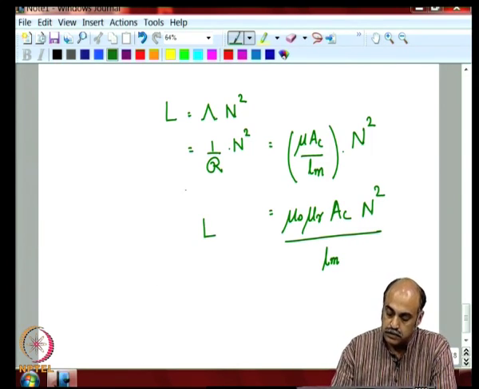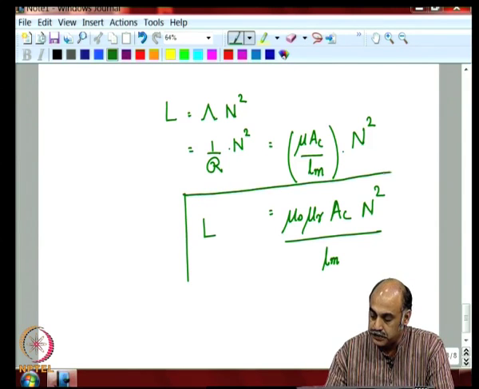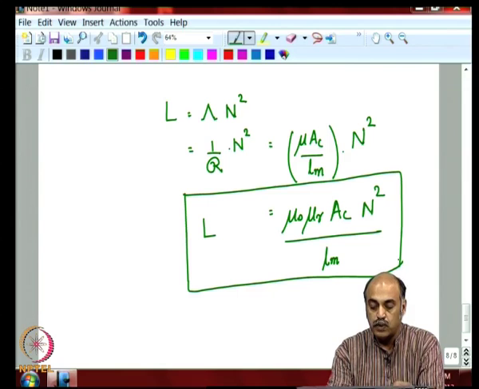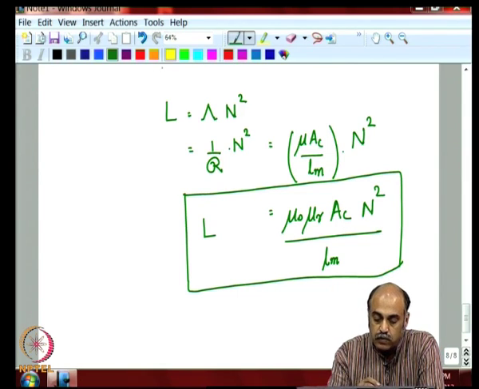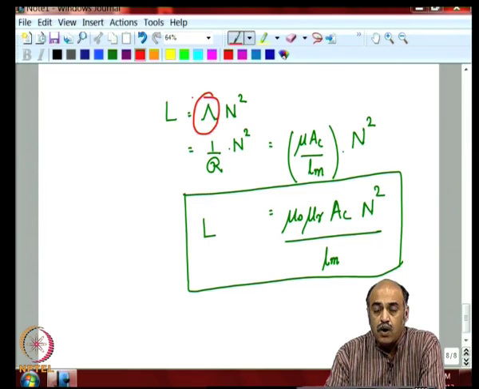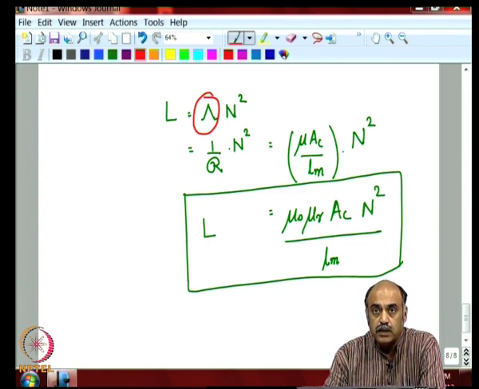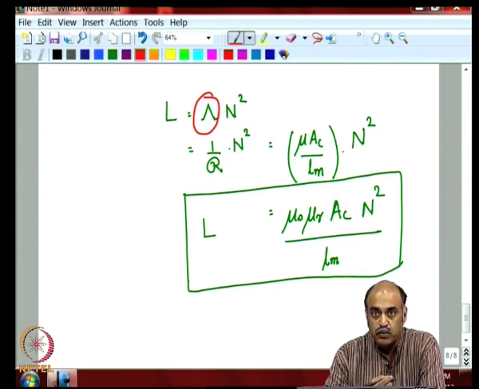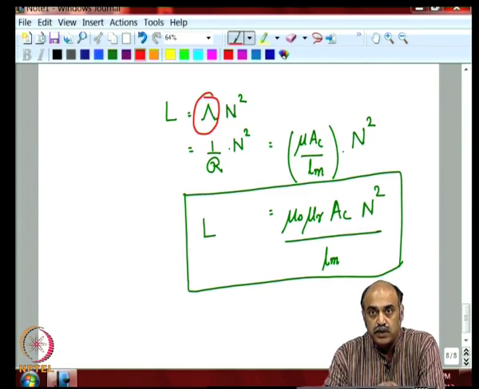This is another useful relationship in case you are unable to find the value of permeance from the core catalog, or in case you are using a transformer core for which you do not know the permeance. You are using a transformer core to build an inductance in which you need to insert an air gap.